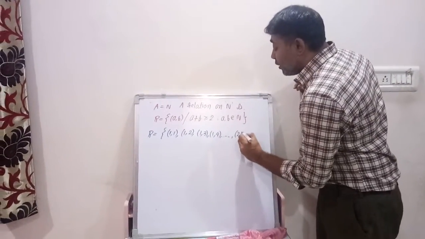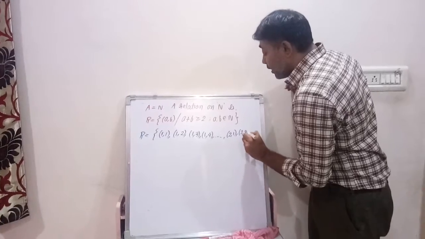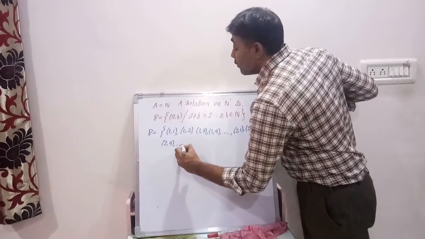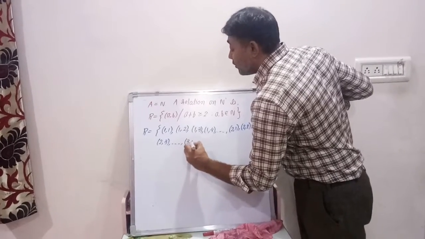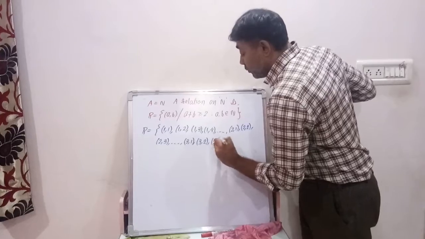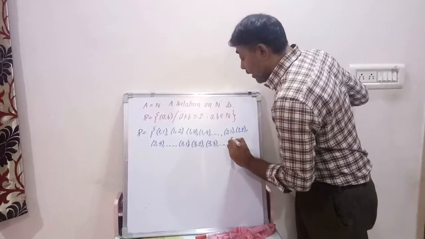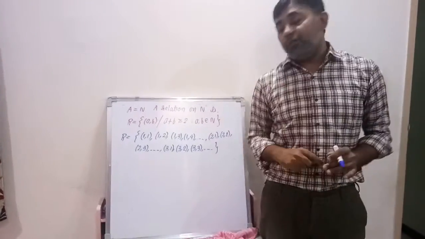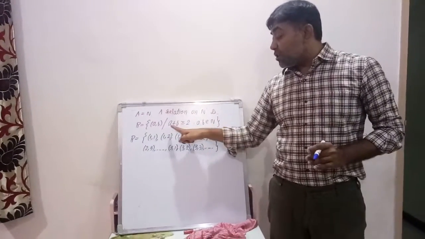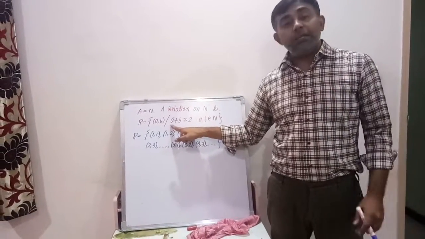Similarly (2, 1), (2, 2), (2, 3), and so on. Similarly (3, 1), (3, 2), (3, 3), and so on. And there are infinitely many ordered pairs we may write. This is the relation representing the condition that a plus b is greater than or equal to 2.